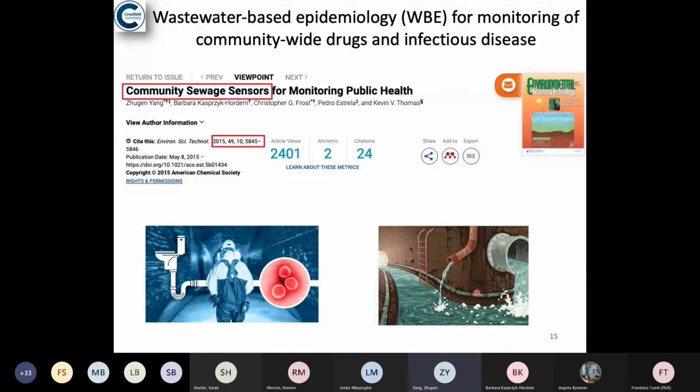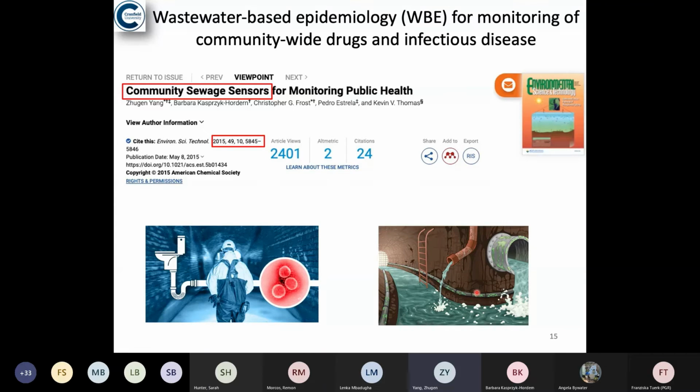Next, I want to show you some of our efforts on using sensors for wastewater-based epidemiology. As Barbara mentioned, a lot of chemical monitoring uses wastewater-based epidemiology. I'm very interested in extending this technology by combining it with sensors in order to achieve field-based testing.